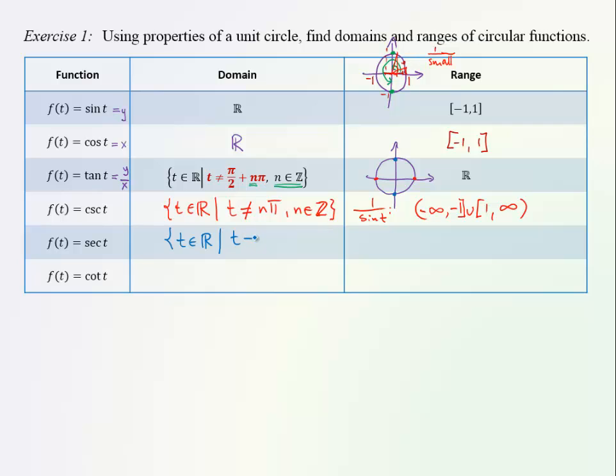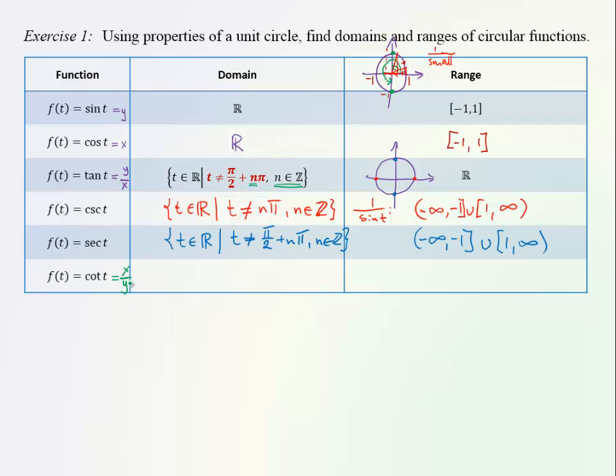So t must be different than pi/2 plus n pi, where n is an integer. And similarly as before, since we are taking the reciprocal of cosine, the range will be the same as for the reciprocal of sine, from -infinity to -1, union from 1 to infinity. Finally, cotangent. Cotangent is the same as x over y.